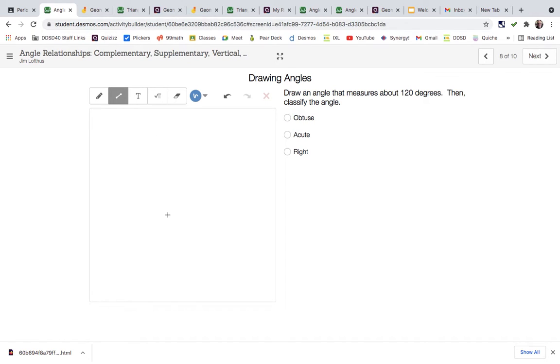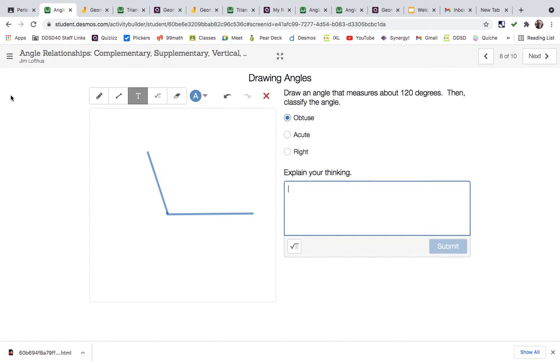So that's my 0. And if this is 90 and this is 180, I need 30 more degrees, so it's not halfway to here. So I'm about like that. And this is obtuse. Oh, I guess we put it right here, obtuse.